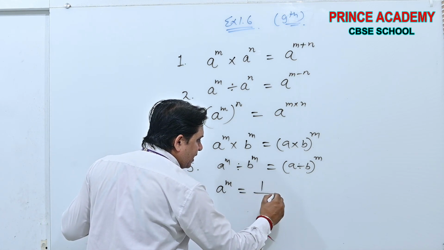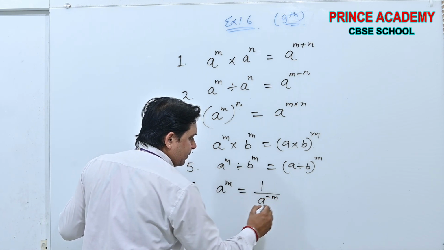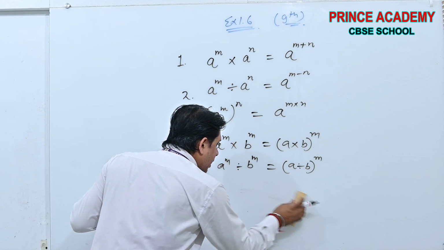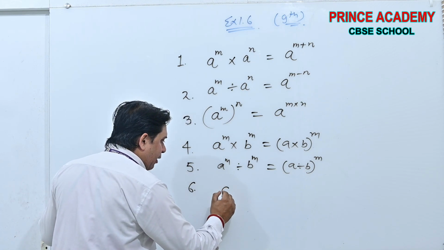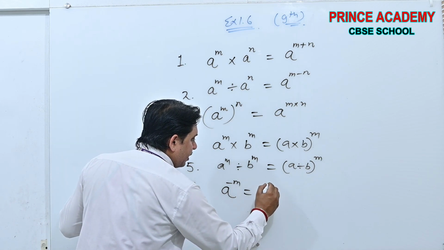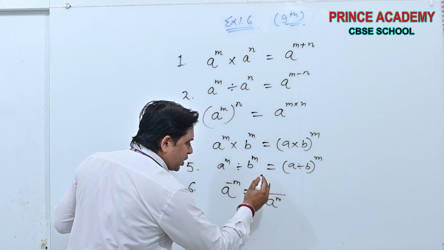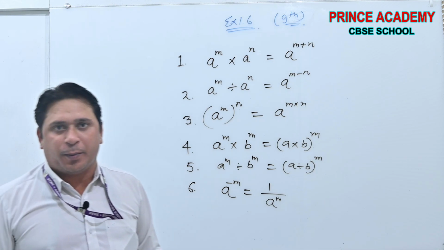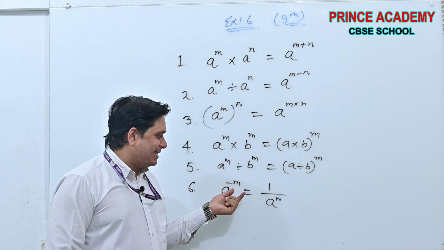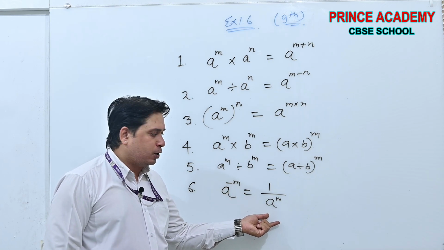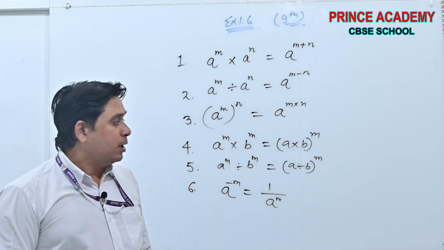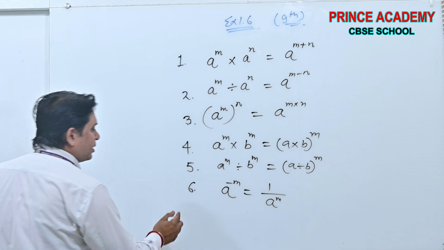See, beta, what I am trying to say: if the power is negative, you can change its position from numerator to denominator, or when the power is minus, you can change the position to make it a divisor, and vice versa is also applicable.